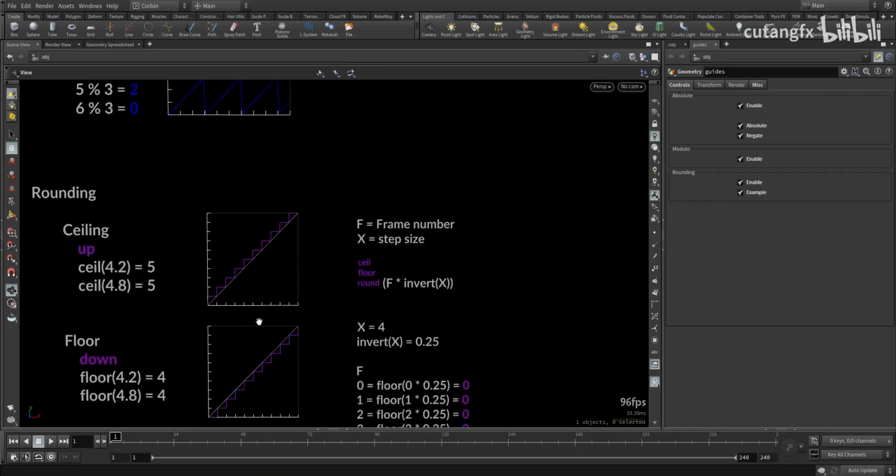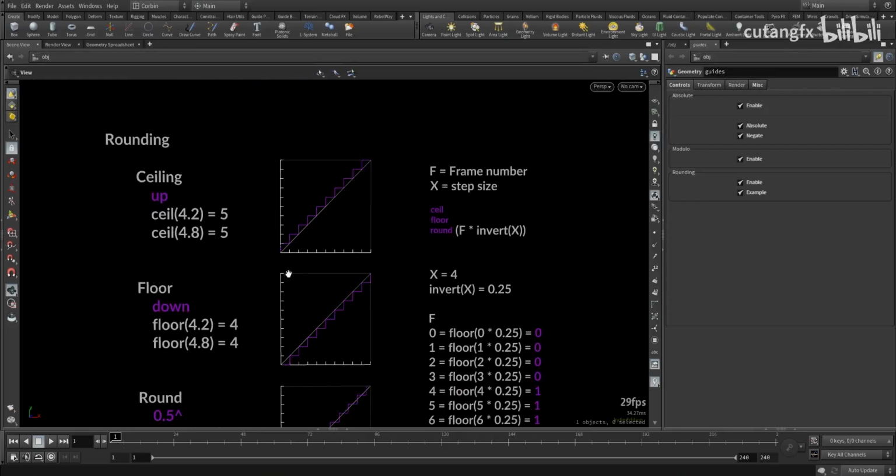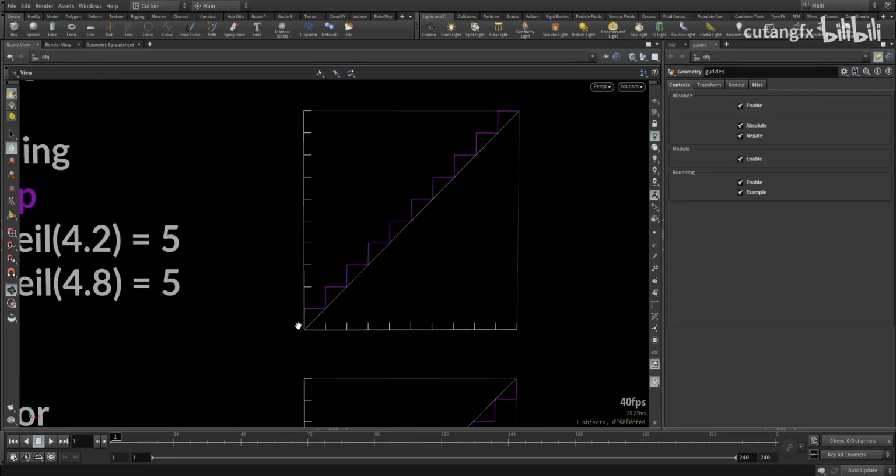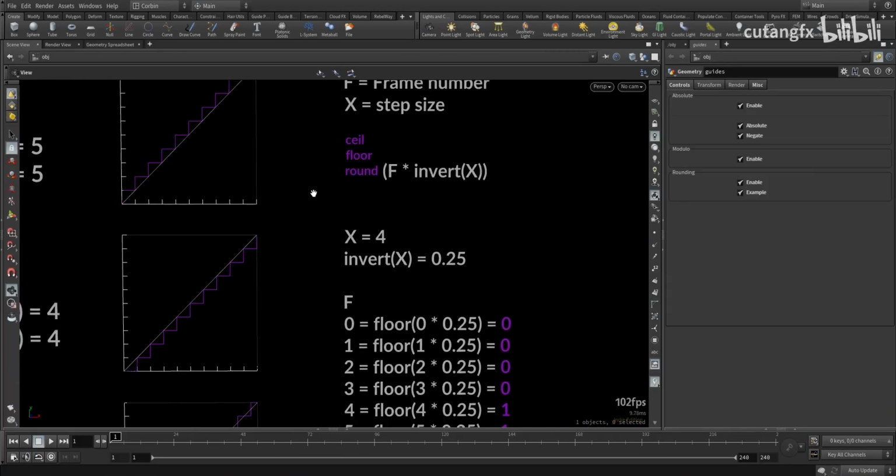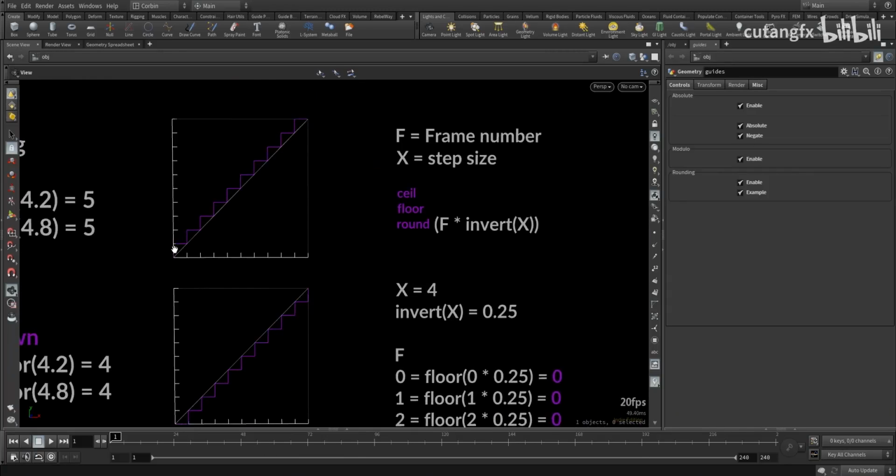But sometimes we also want stepping. We literally want what we're looking at here, but this is stepping in individual units, going up by 1 every time. What if we want it to stay 1 for 5 frames, and then increase to 2 for 5 frames, and then hold on 3 for 5 frames?